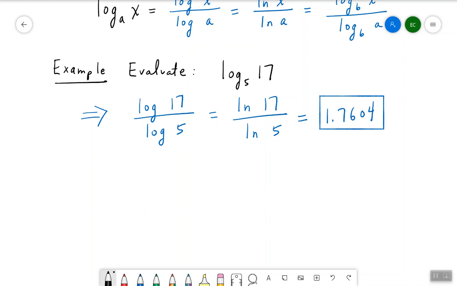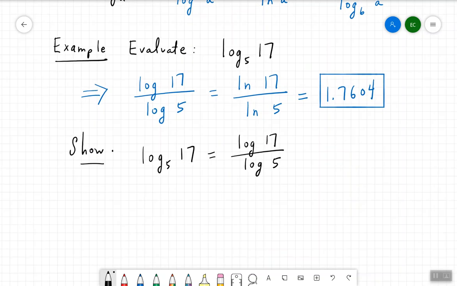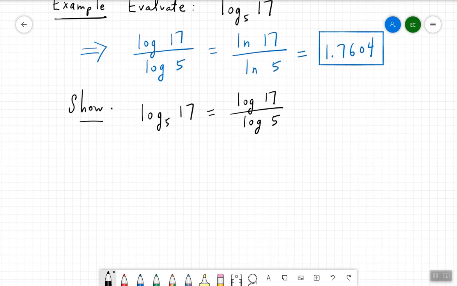So what I've just said is that the log base 5 of 17 is the same as the log of 17 divided by the log of 5. And here's how we're going to demonstrate that that's true.